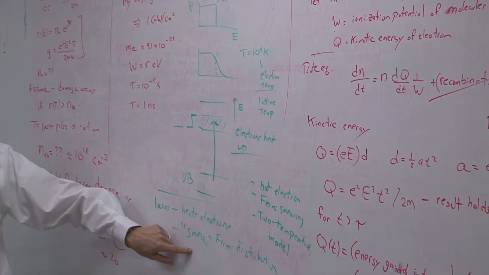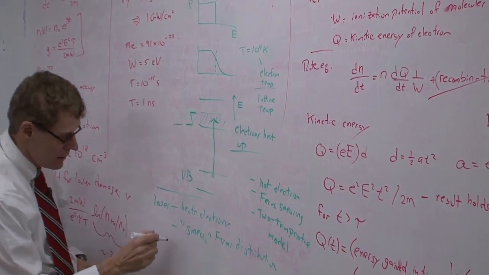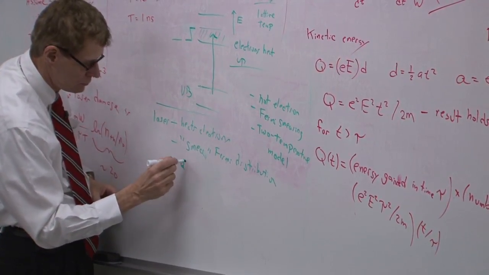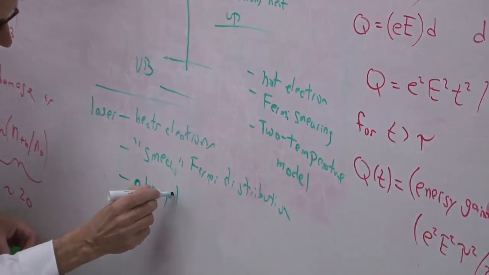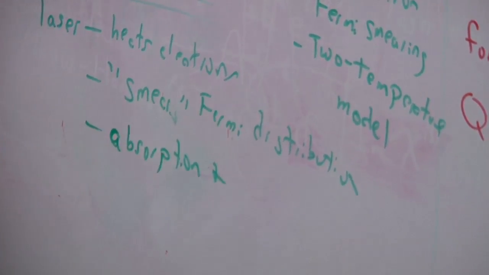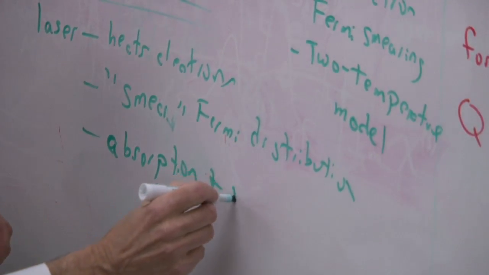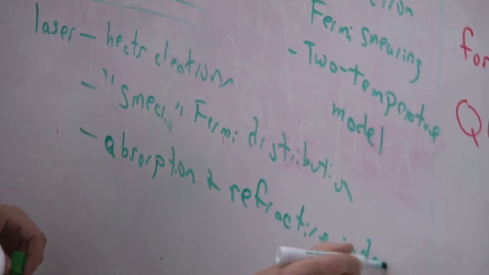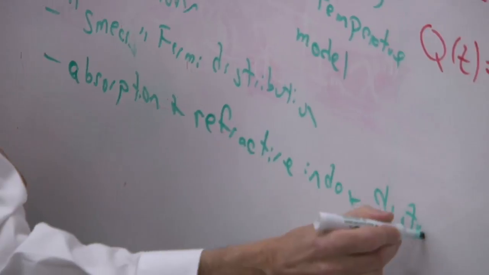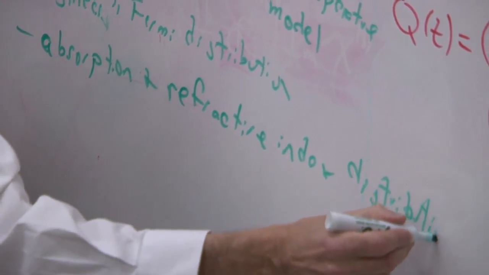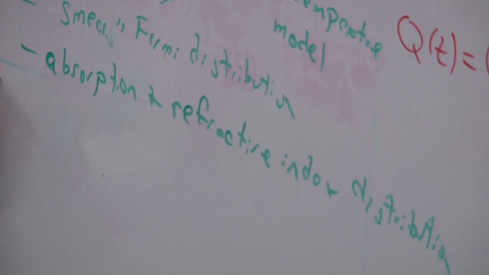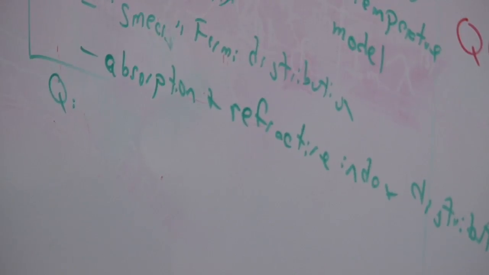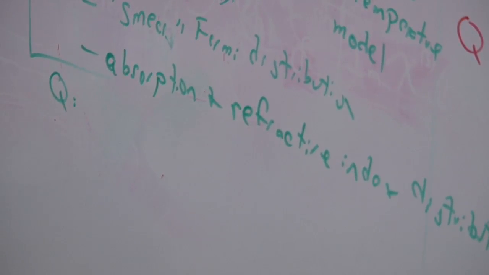That changes the Fermi distribution. This changes the absorption and refractive index distribution. So to implement this model, you have to know what is the heat capacity of an electron gas.